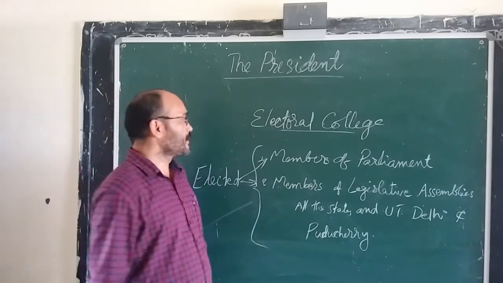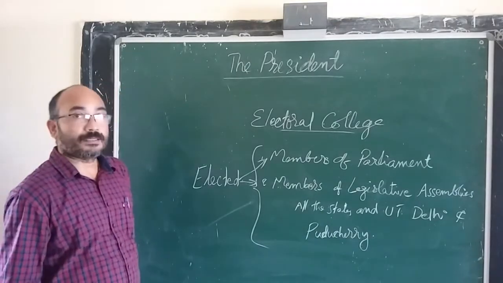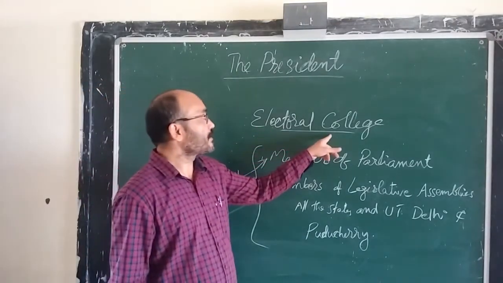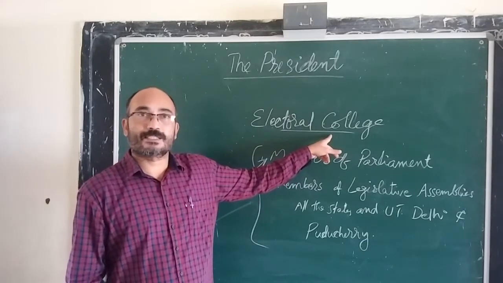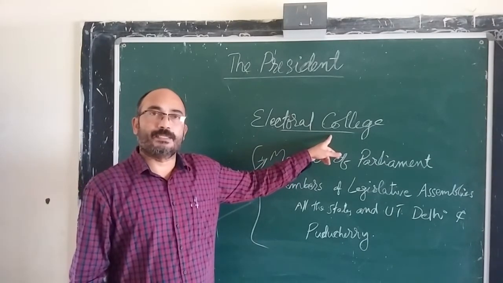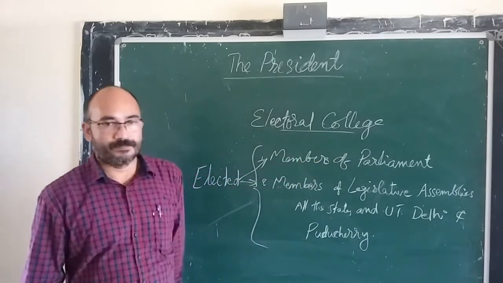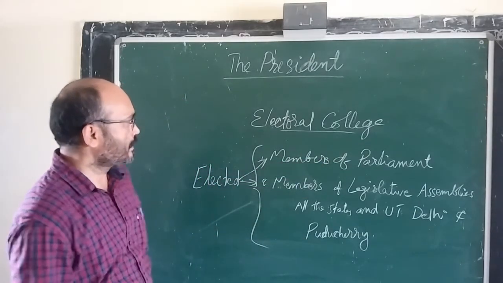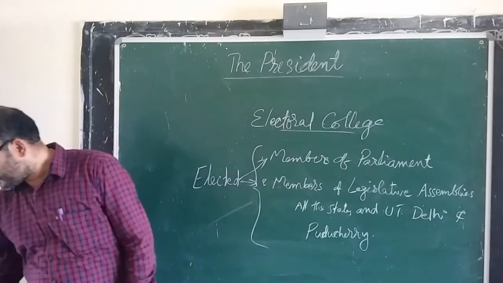This is the composition of the electoral college. And these members of the electoral college only cast votes in a presidential election. That's all regarding the electoral college and the voting.